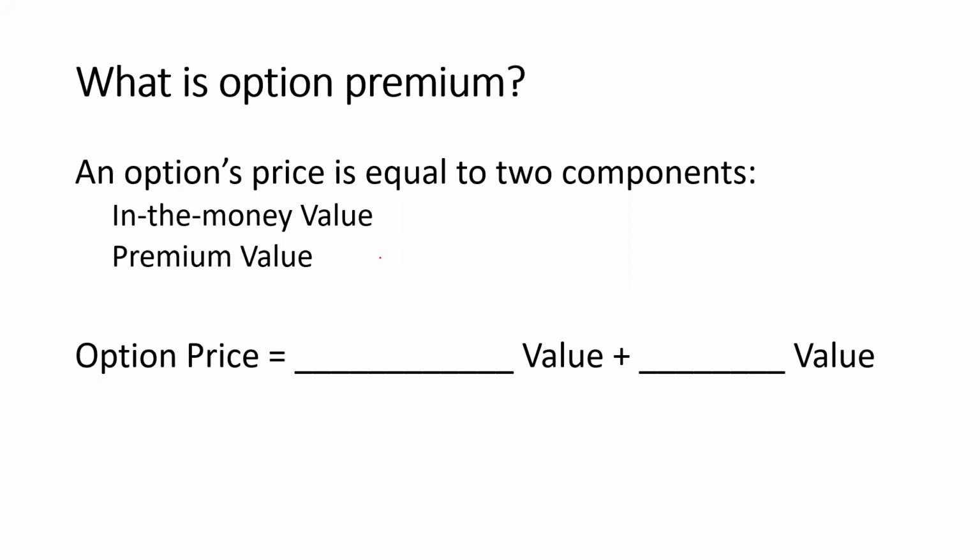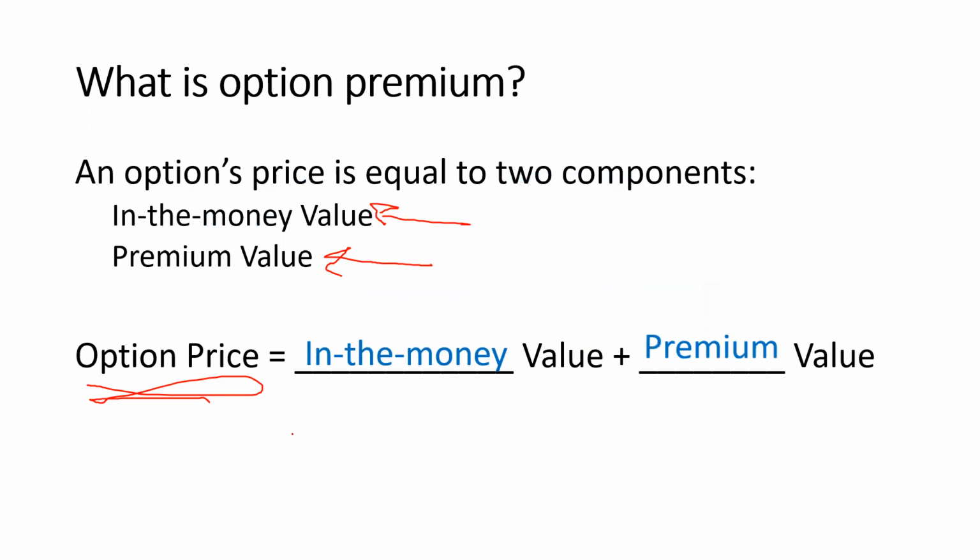So I call it the premium value, and a lot of people do call it the premium value. So intrinsic, extrinsic, otherwise known as in the money value, premium value. And if you take any option price, it's going to be a combination of in the money and premium value. So what do I focus on? Selling that premium value.